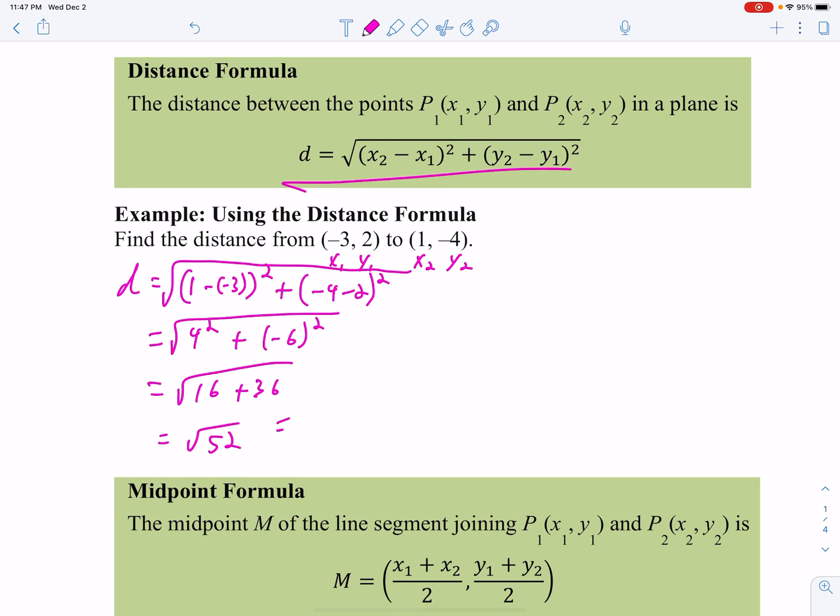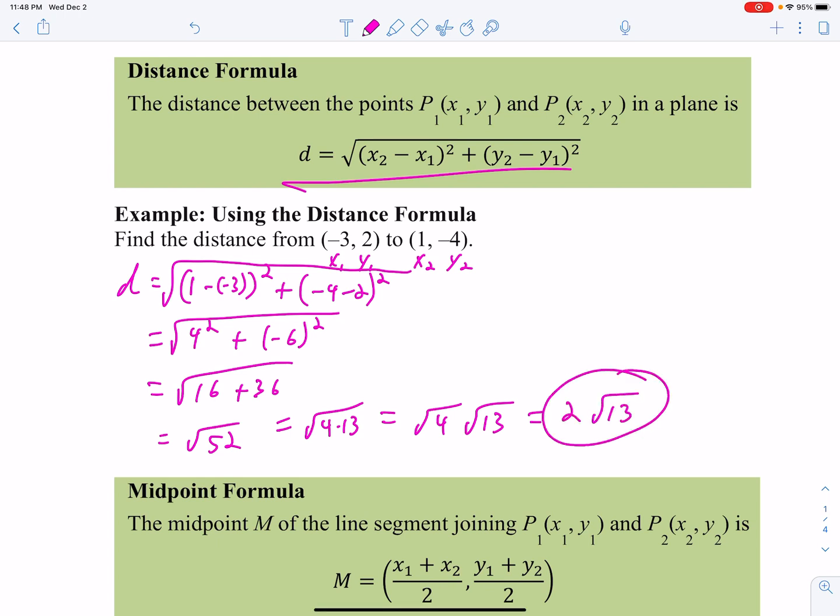Now remember, you should simplify these as much as possible. 52 can be rewritten as 4 times 13. Okay? Rules of radicals says we can break this into 2 separate radicals and multiply together. So rad 4 times rad 13. Well, the square root of 4 is 2. And there you go. So the distance between those 2 points is 2 radical 13.